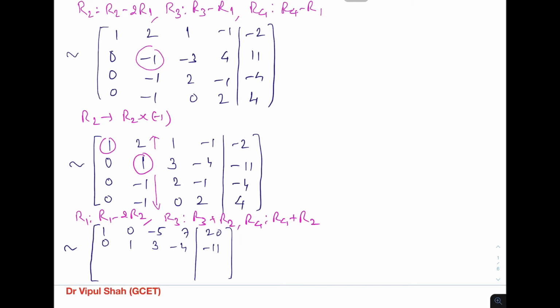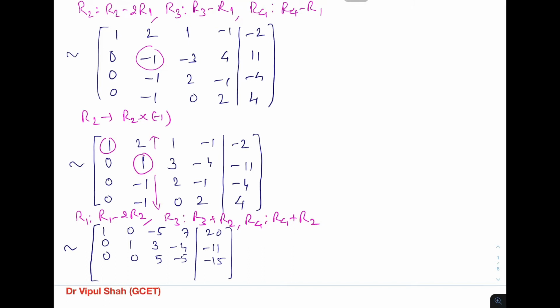Now R3 plus R2, just add the second and third row, so that will be 0 0, then 5, then minus 5, then minus 15.